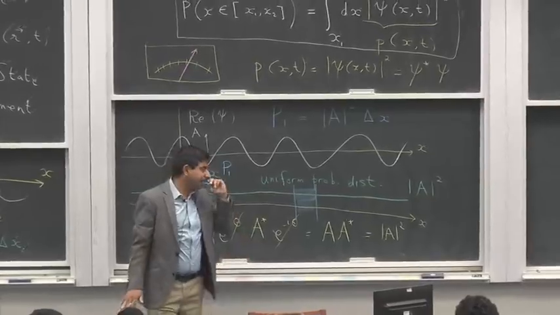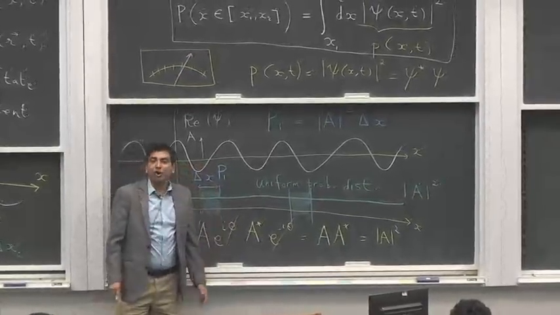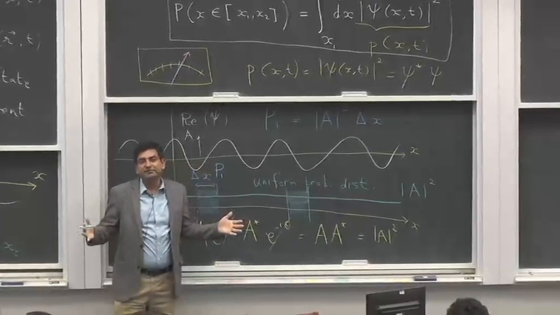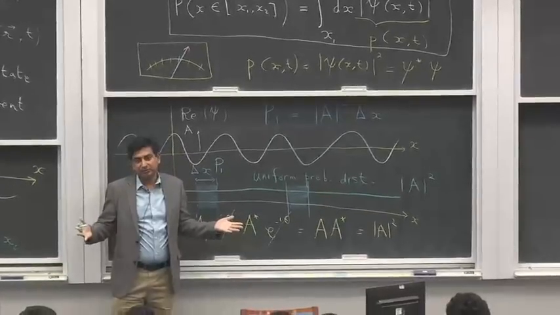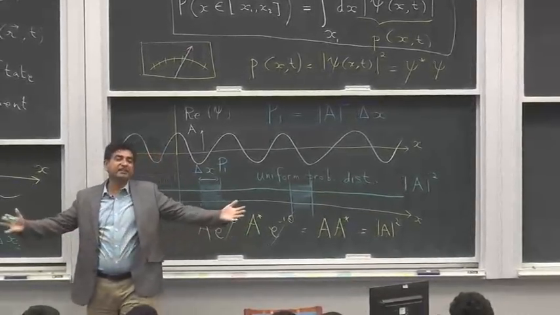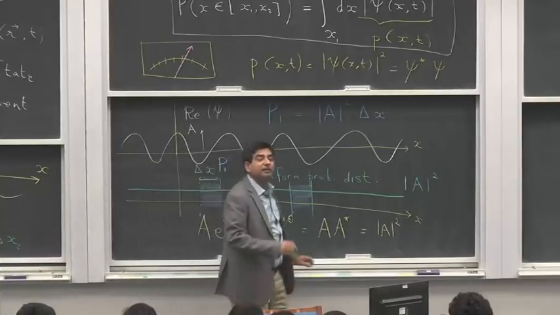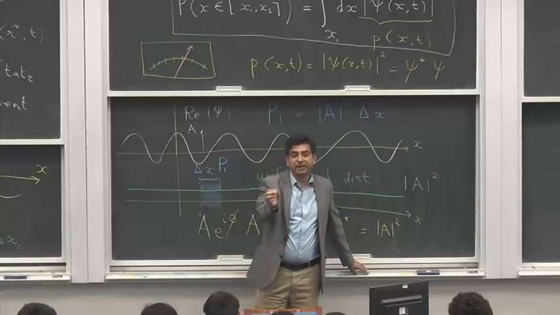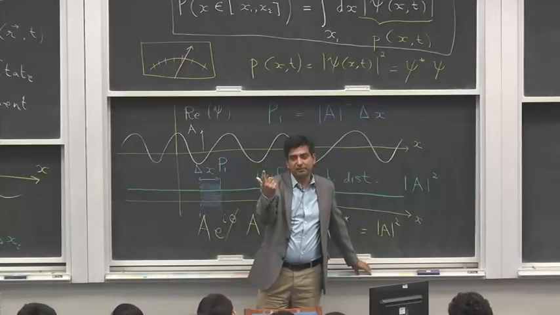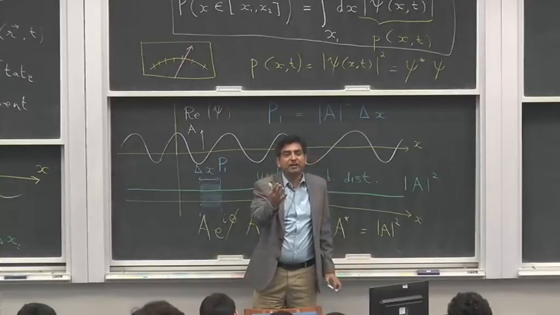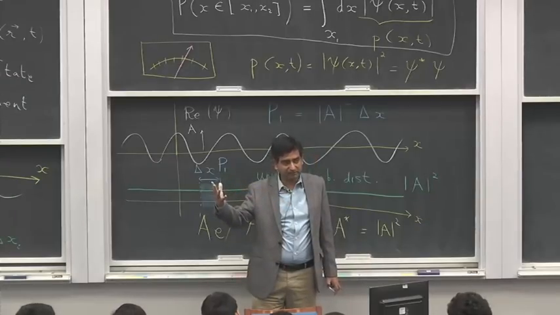Now the question is, we would like all probabilities to sum up to 1. So we're talking about the entire space. The probability of locating the particle somewhere in space is 1. Right? I must locate the particle somewhere in space.